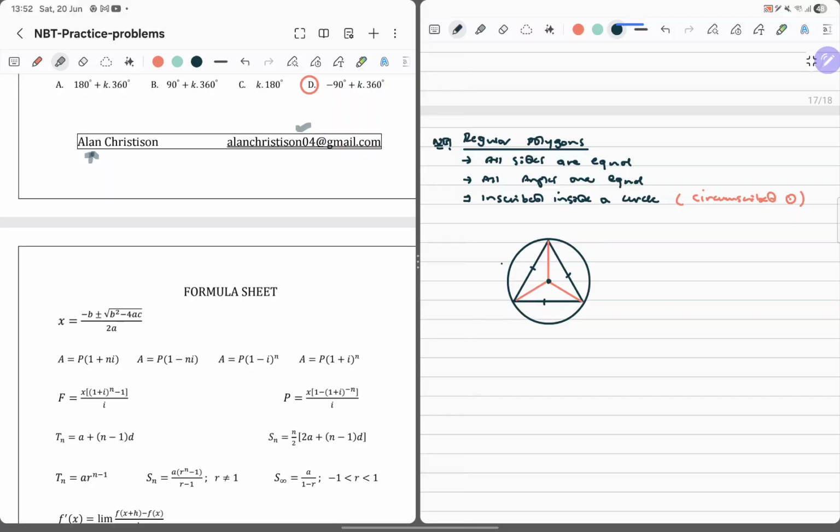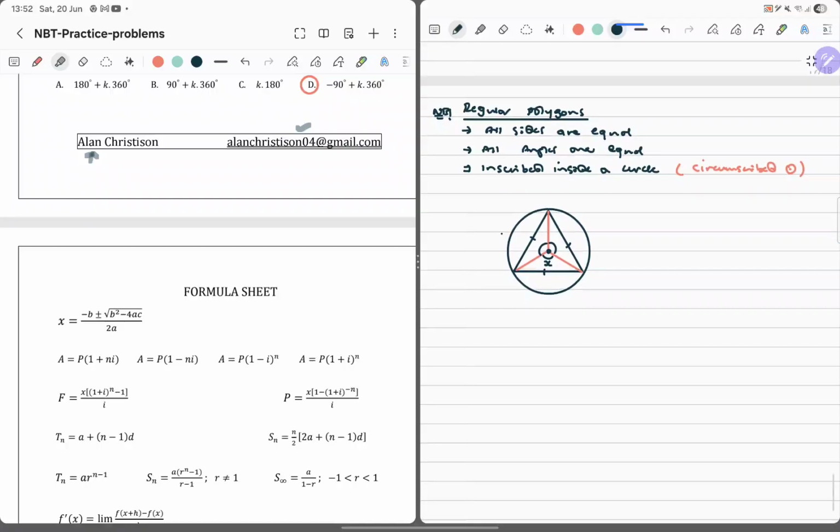Now, we know that equal chords, from Euclidean geometry, will create equal angles at the center. So if we let one angle be equal to x, we get 3x.